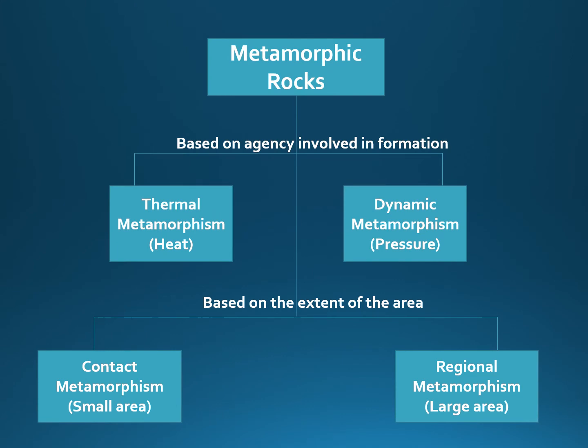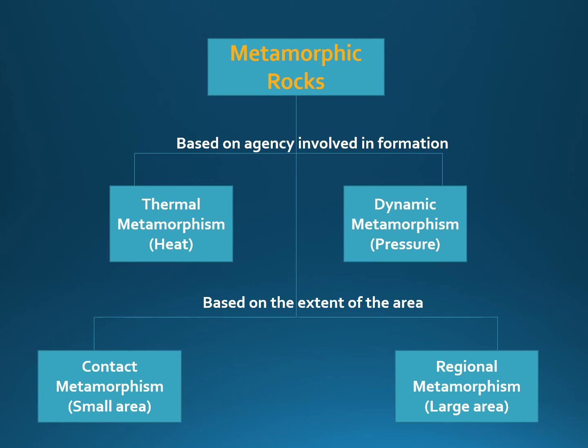So far, you have learned about the classification of metamorphic rocks in detail. Let's summarize it with the help of this mind map. Under heat and pressure, both igneous and sedimentary rocks transform into metamorphic rocks. Two types of metamorphism have been observed based on the agency of transformation.